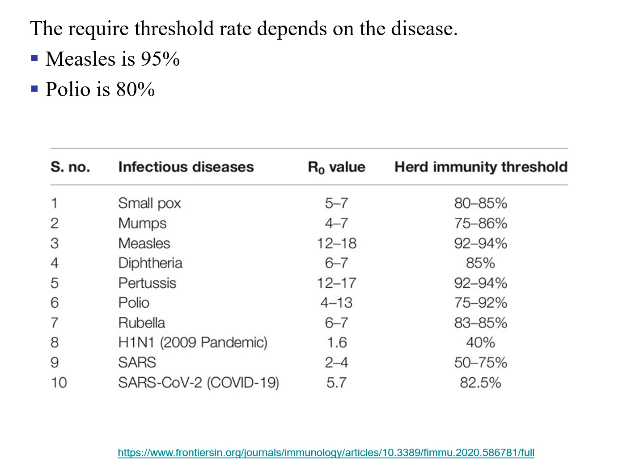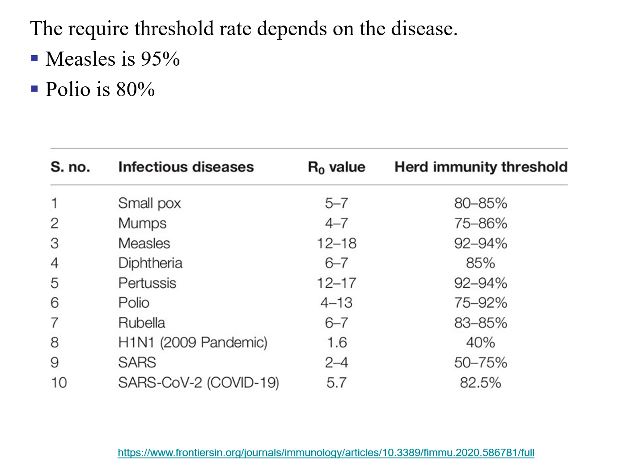What is that rate? It depends on the disease. So measles, you need to have 95% of the population protected in order to protect the 5% who do not have the vaccine, or the 5% that cannot get the vaccine because they're immunocompromised. Polio.